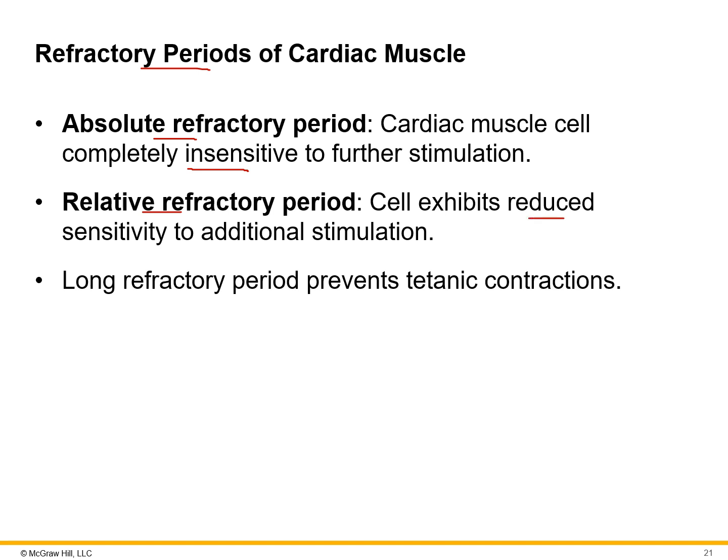So it could respond if there was a big enough stimulus, but it's unlikely. So these are longer refractory periods due to that plateau phase, but it prevents tetanic contraction, so more like spasms. We don't want to have long, spasmic activity like tetany, but it allows for more controlled contraction.